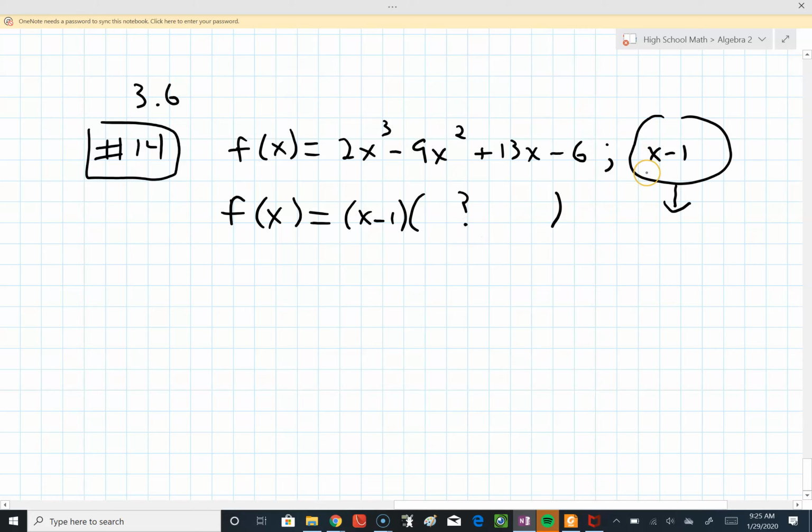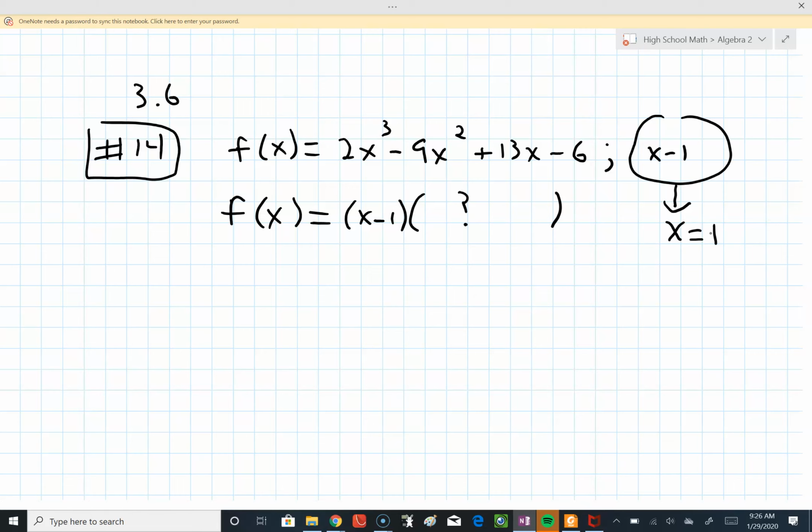So if this factor is x minus 1, the associated 0, or x-intercept, must be x equal 1. Why is that? Very good. If the factor is x minus 1, the associated 0 is x equal 1. Are y'all with me? All right, well, we can do synthetic division to find any additional factors.